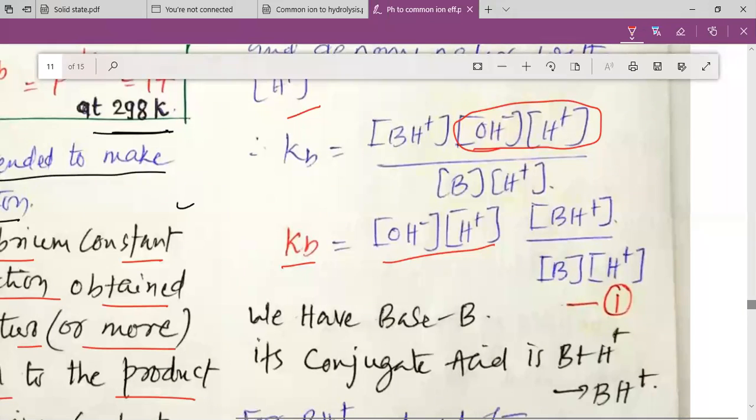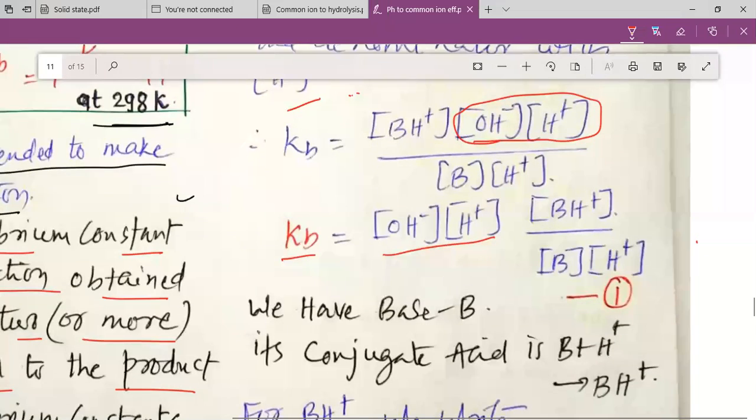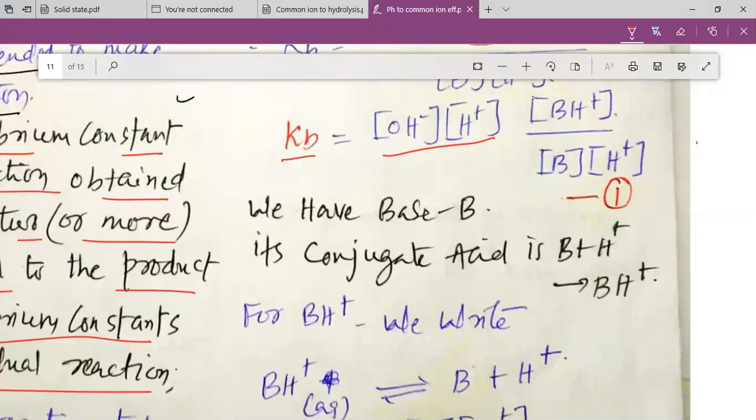When we write this, we would realize, my dear students, that we have base B and its conjugate acid BH plus.